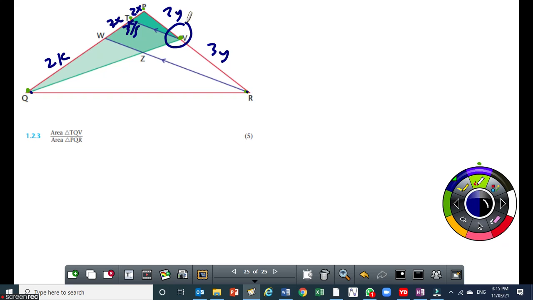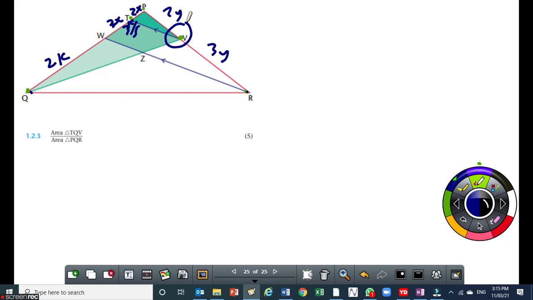Once we identify that third triangle, does it also share a common height with PQR? Yes. Then we are done with the question.